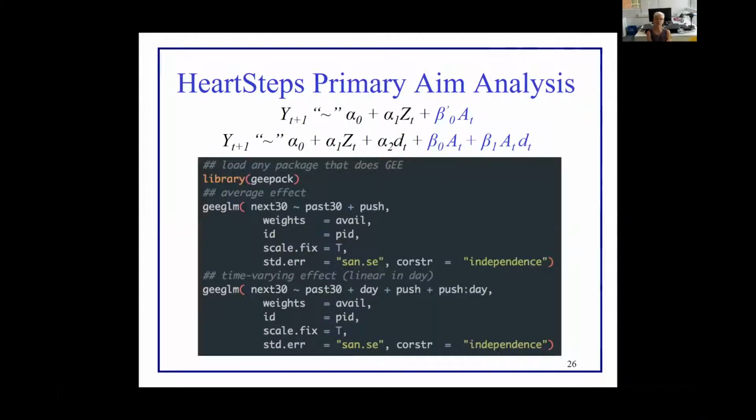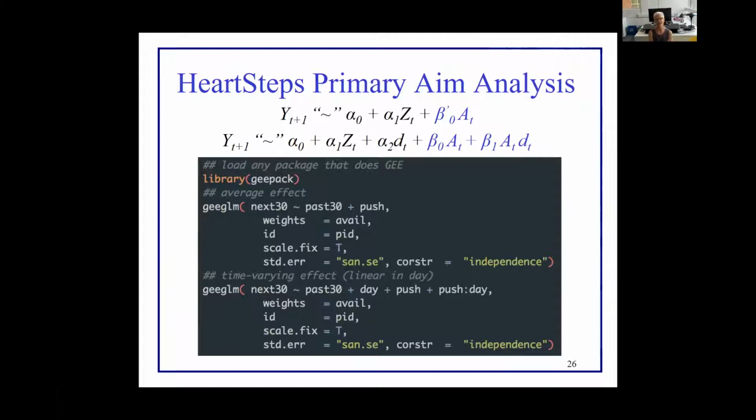Here's the code. Because we have a constant randomization probability, we can use the code corresponding to generalized estimating equations. This is not quite a generalized estimating equation. We're tricking the software to fit these kinds of conceptual models.